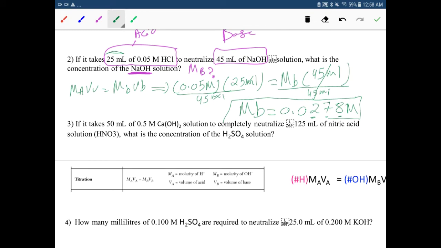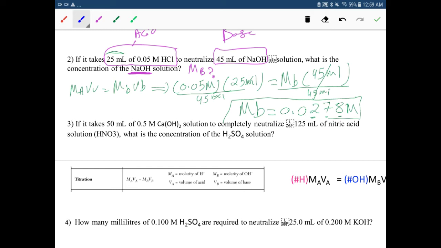Third question. You could try the third question on your own. I'm going to do it in 2 seconds. If it takes 50 ml of 0.5 molar CaOH2 solution to completely neutralize 125 milliliters of nitric acid solution, HNO3, what is the concentration of H2SO4?